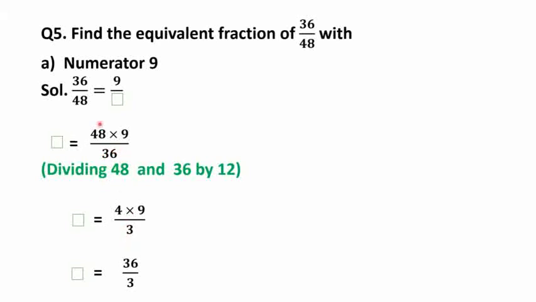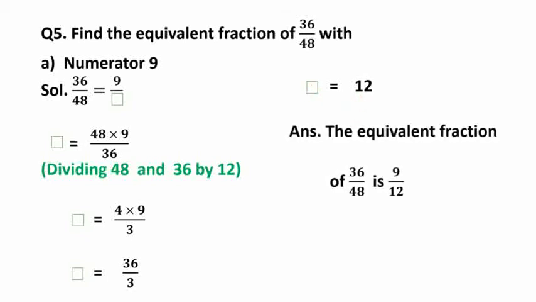So 48 and 36 both we are dividing by 12, we get 4 and 3 at the denominator. So now our calculation is easy. We can easily multiply 4 into 9, we get 36, and divided by 3 we will get 12. So the value of the box we get here is 12. So the equivalent fraction of 36 by 48 is 9 by 12.